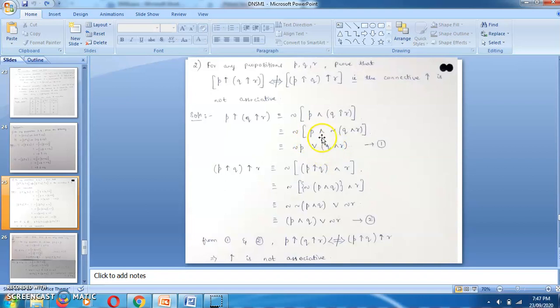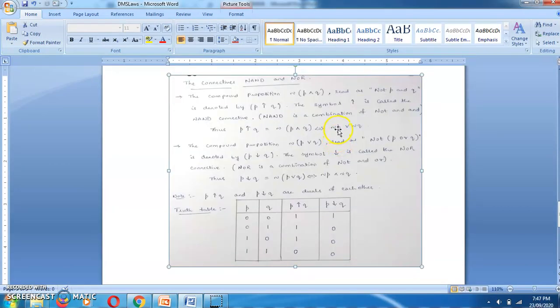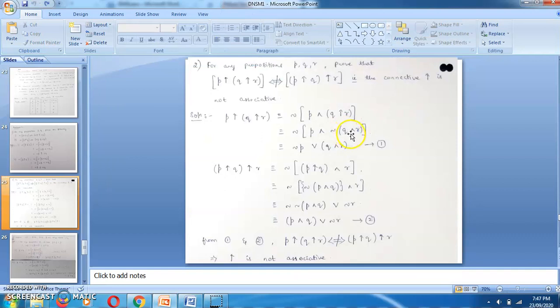So it is in the form of negation of p or negation of q. The double negation will cancel here and you can get this particular equation. And if you see this one, p NAND q, that's why negation of p, the or symbol comes here, r.